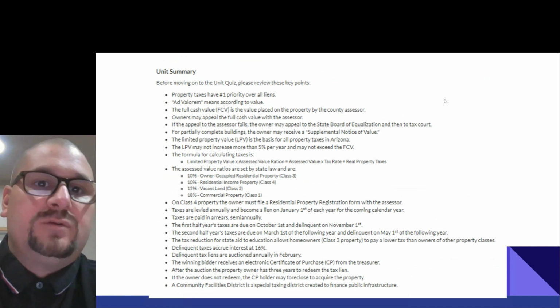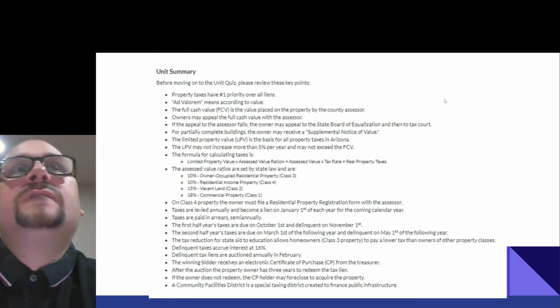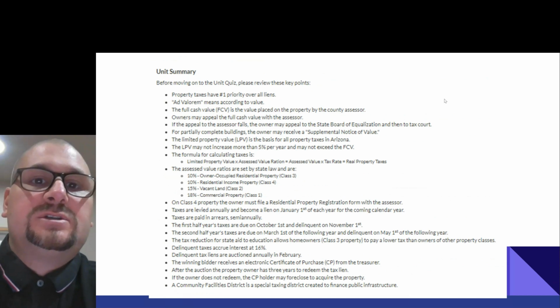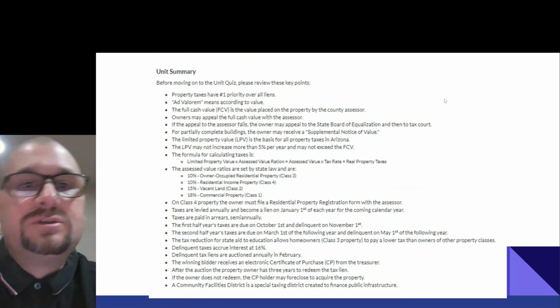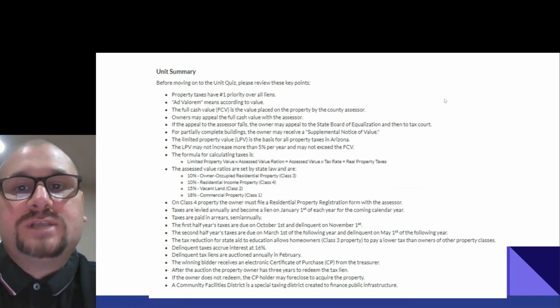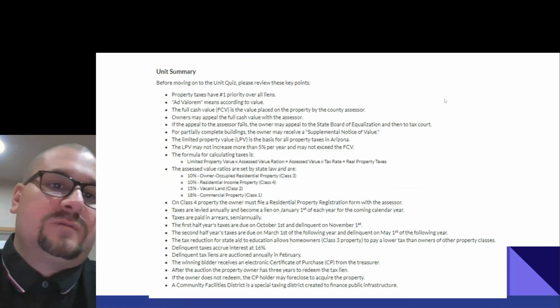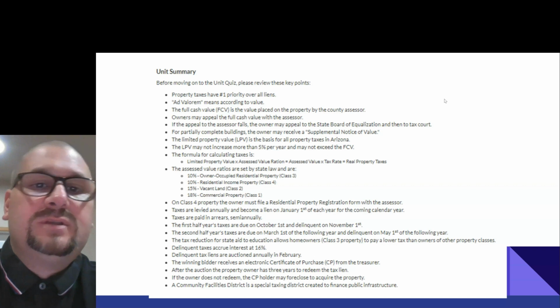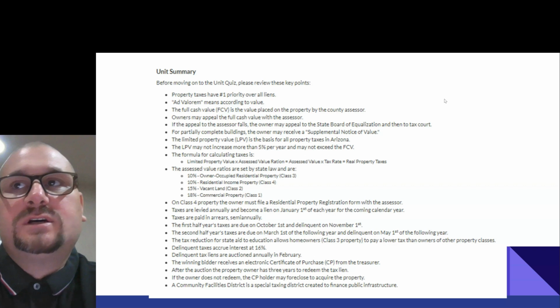Owners may appeal the full cash value with the assessor. If you want to appeal the value of your property, you talk to the county assessor. If the appeal to the assessor fails, the owner may appeal to the State Board of Equalization and then to tax court. For partially complete buildings, the owner may receive a supplemental notice of value.